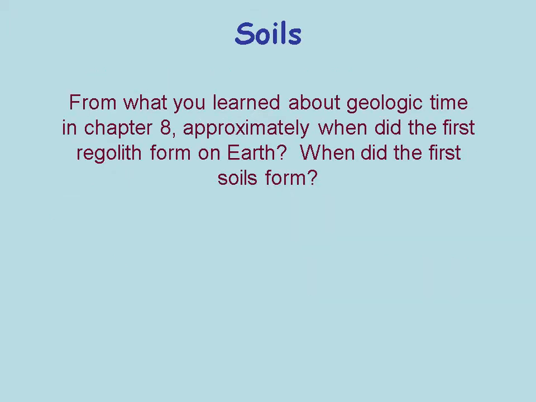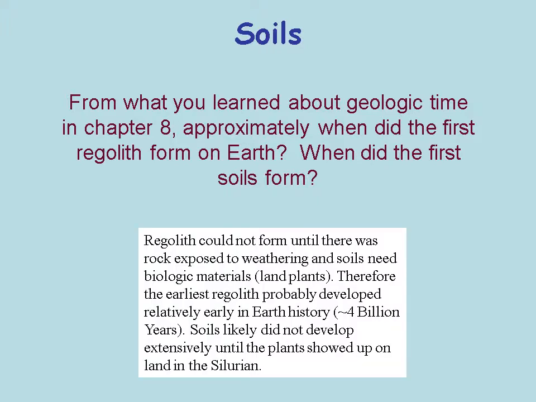Okay, from what you've learned about geologic time in Chapter 8, approximately when did the first regolith form on Earth? When did the first soils form? Well, that's a good question, because God couldn't create vegetation in abundance and then animals eat that vegetation until he created soil so that vegetation could grow on it. Well, regolith could not form until there's rock exposed to weathering, and soils needed biological materials, land plants.